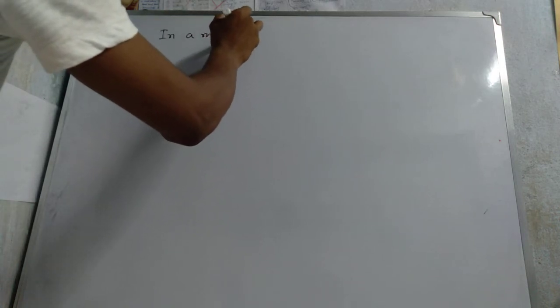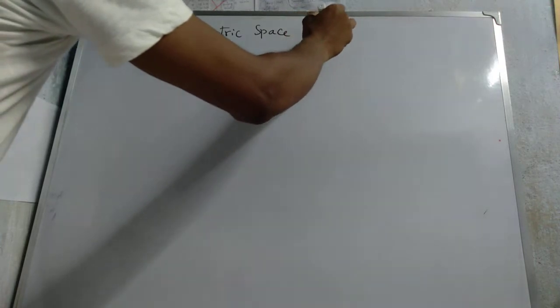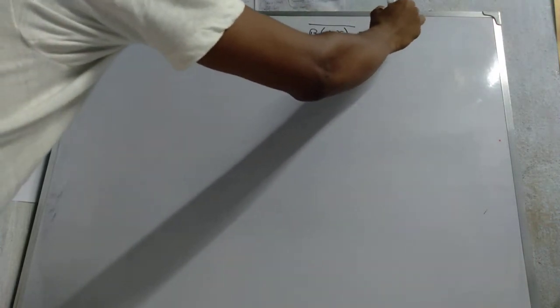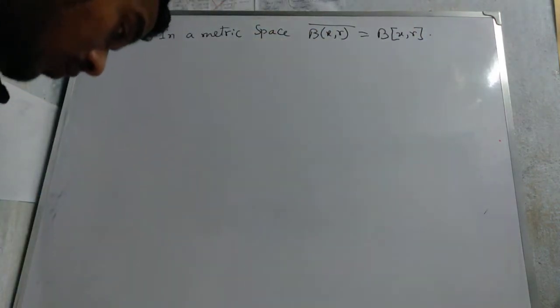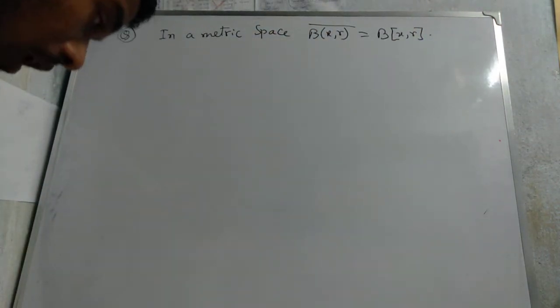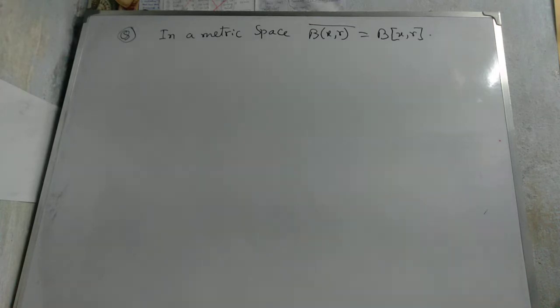How do we show it? We show it simply. First we start with B(x, r) open, which is contained in the closed ball B[x, r].